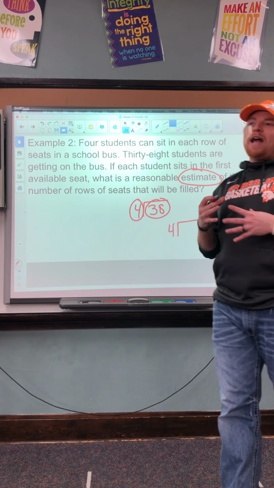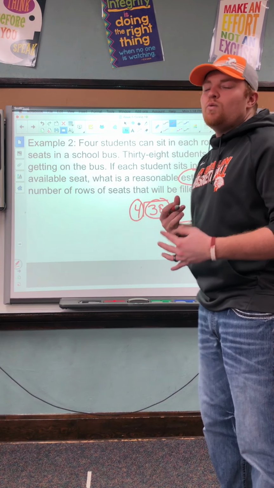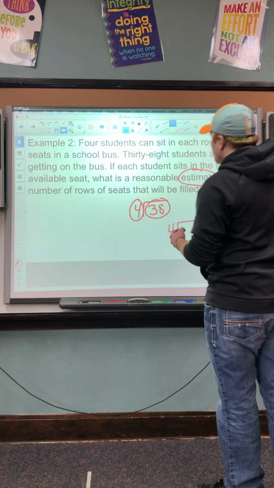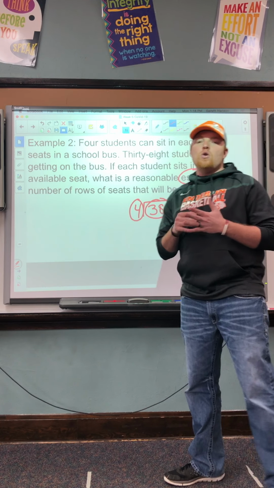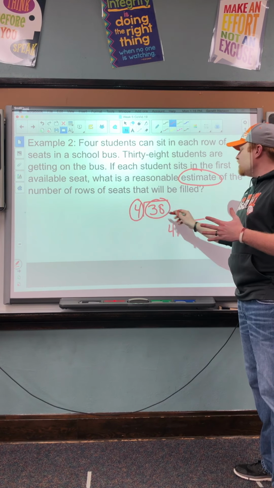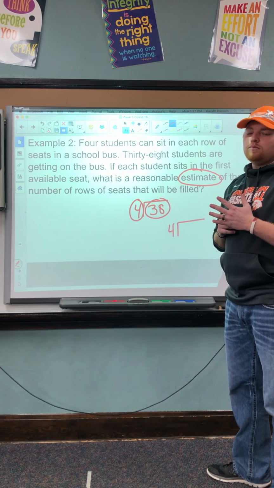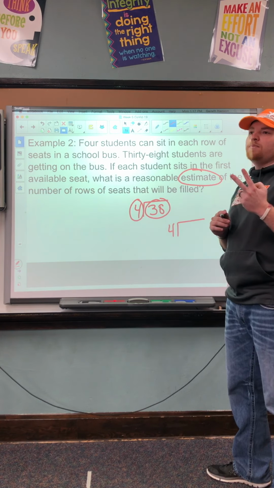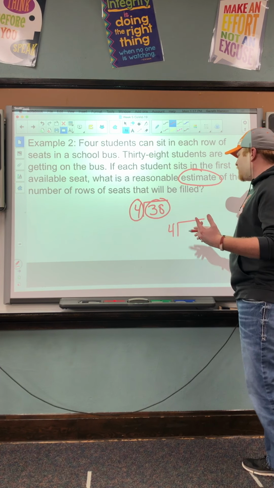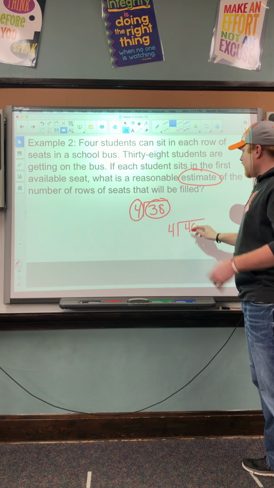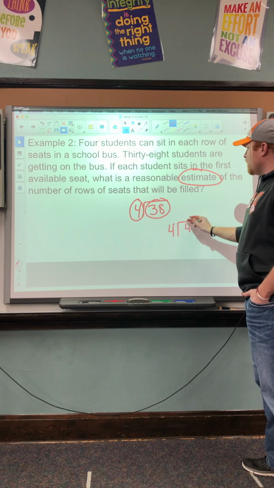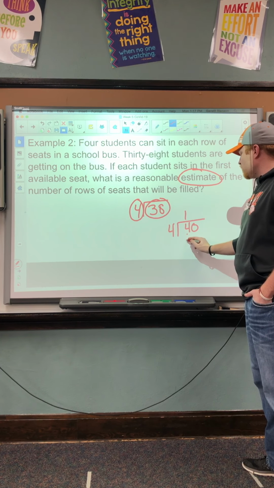When we're estimating with division, we have to find what are called compatible numbers, numbers that can go into each other. What's a number that's close to 38 that goes into 4? There's 2 different possibilities. I would round up to 40. 4 goes into 4 once. 1 times 4 is 4.